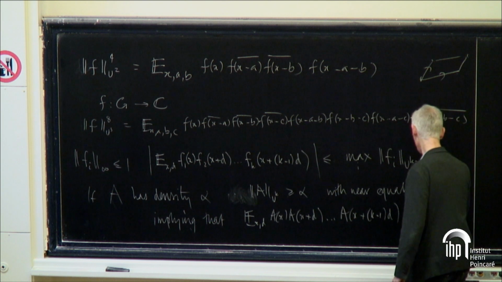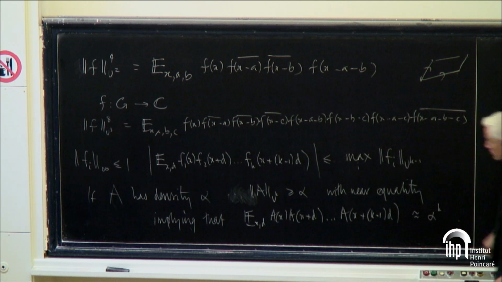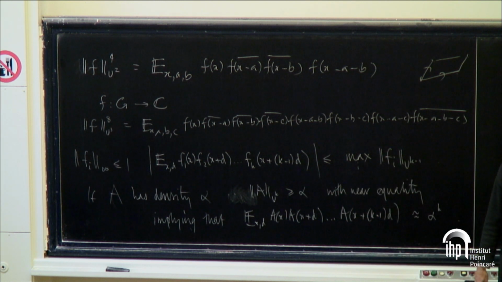So it's approximately equal to alpha to the k. So when would it be alpha to the k? If A was a random set and you just chose an arithmetic progression at random, then each element of that arithmetic progression would have a probability alpha of belonging to A. So we would expect that the average of this thing should be alpha to the k.